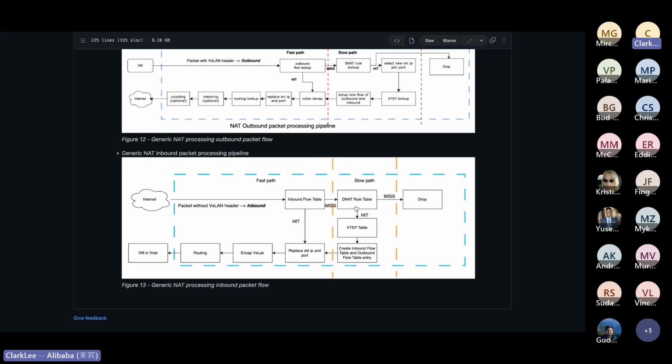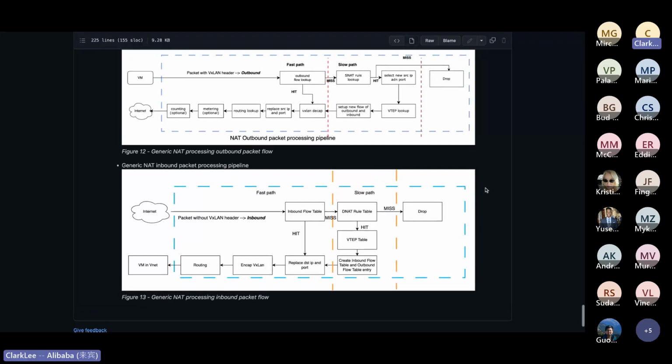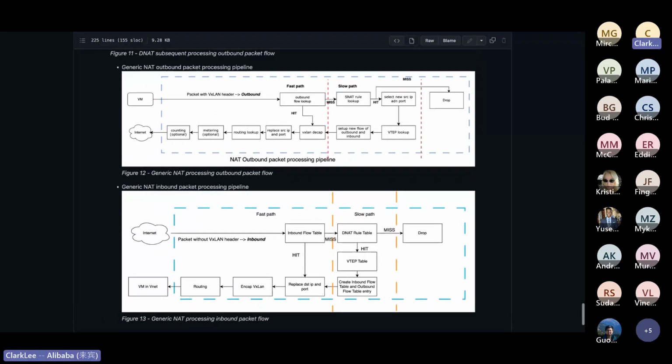And if we get the rule, we search for the VTAP, and then we create the inbound flow table and outbound flow table, do the rest of the actions in the fast path, and send the packet to the VM. And if we look up into the DNAT rules table and get a miss, we drop the packet. And this is the overall view combining the SNAT and DNAT.